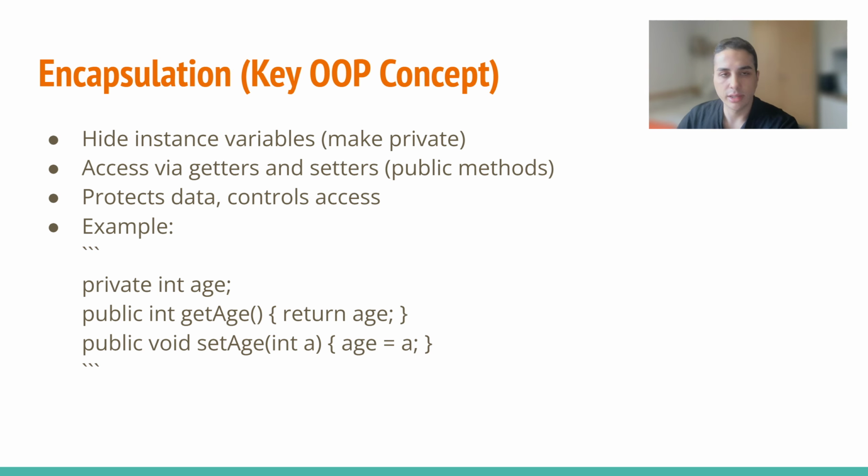Encapsulation, which is a key object-oriented programming concept, is the principle of hiding the internal details of an object and only exposing a controlled interface. So not everybody can access your code. In practice, this means we declare instance variables as private, so they can't be accessed from outside of the class, and we provide public methods like getters and setters.